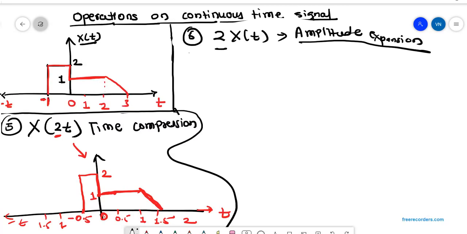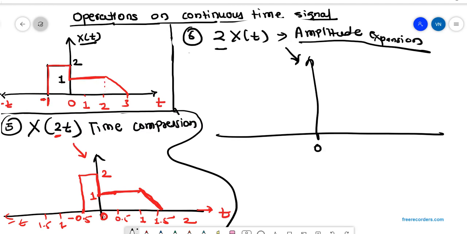So how can we do the amplitude expansion? Whatever the amplitude is there, we have to amplify it. So how to amplify? See here. Whatever the amplitude for -1, like a 2, now that will go to 4. Whatever the amplitude for 0, obviously 1, that will be changed to the 2.